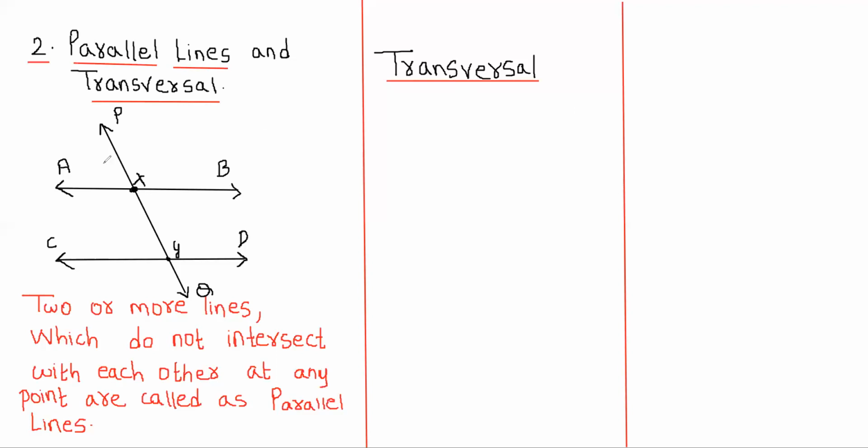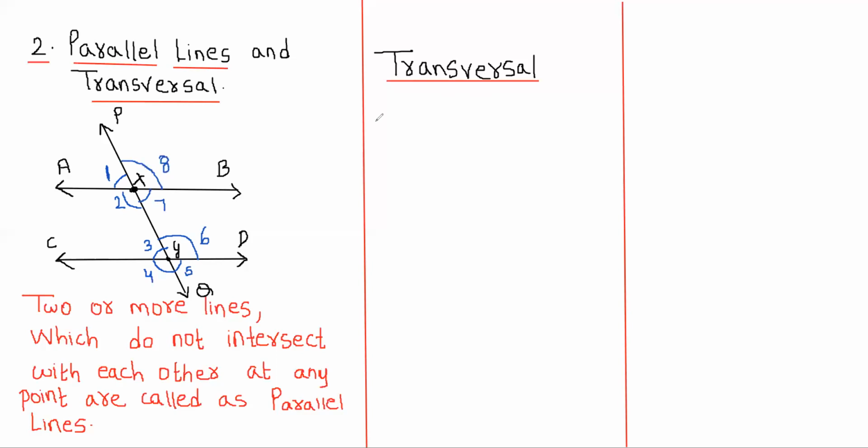Here the first angle is formed. This is angle number 1, then angle number 2, this is the third angle, the fourth angle, fifth angle, sixth angle, seventh angle, and eighth angle.